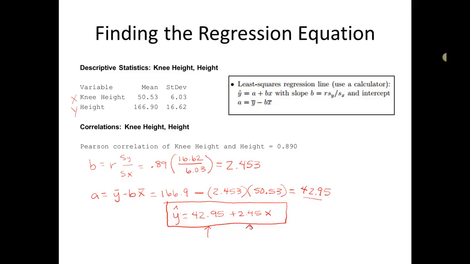The really, really interesting part of our model is the slope, which is this 2.45. And what makes the slope the coolest part of our model is that it really quantifies that relationship between x and y.